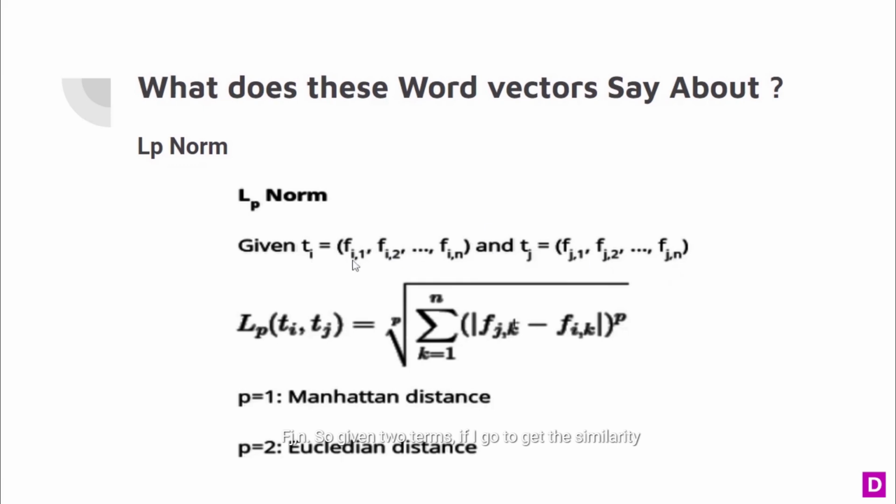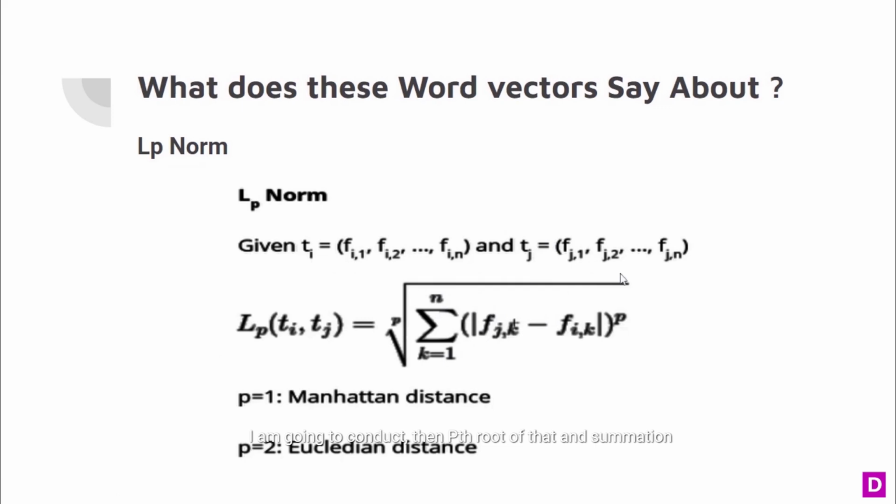Given two terms, to get the similarity or the differences, I am going to get a score using this formula, which says the p-th root of the summation over k, where k equals 1 to n, that is the number of frequencies or iterations I am going to conduct.